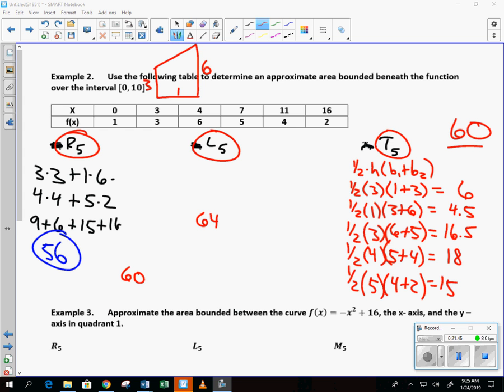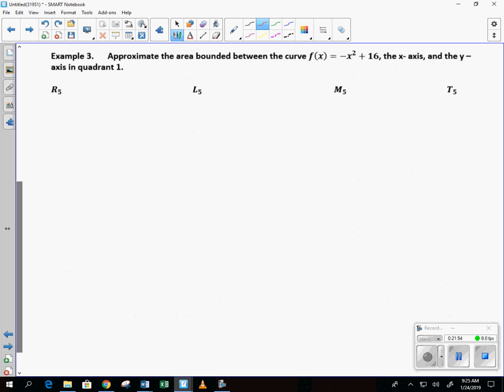I would have to do some thinking to say, is it going to work out that way every time, where it is the average? I don't know. It would seem that way. The reason I'm hesitant to say is I remember going through a problem like this at the AP Institute, and because I started doing the left hand and the right hand, I was just going to average them, and the instructor said, do the trapezoidal one.